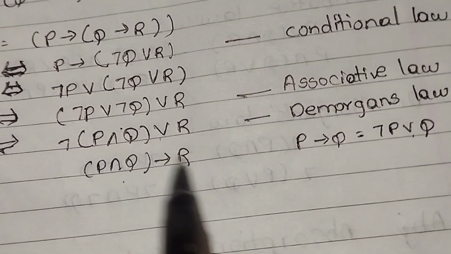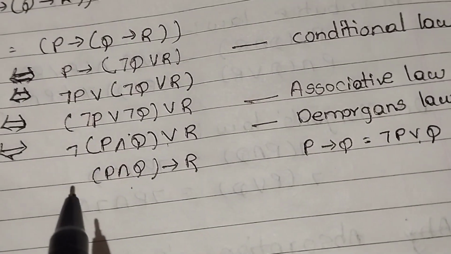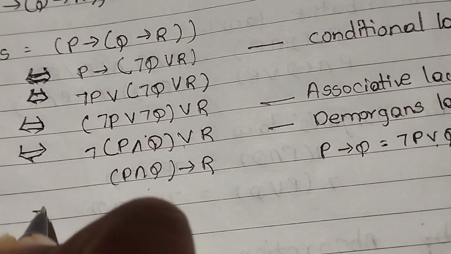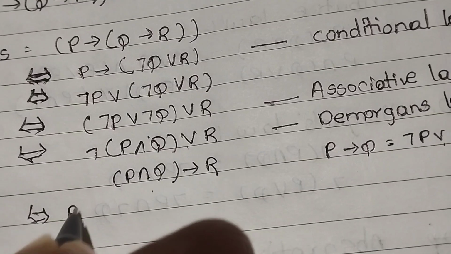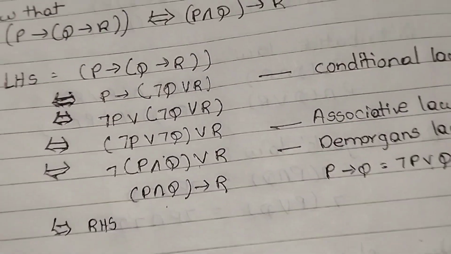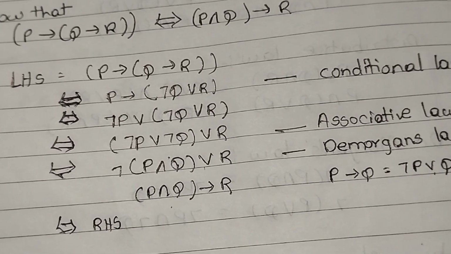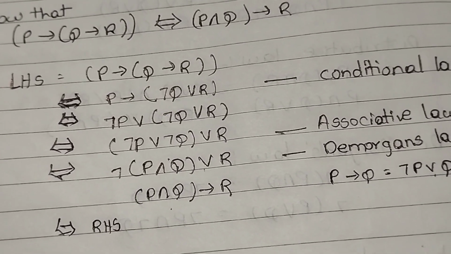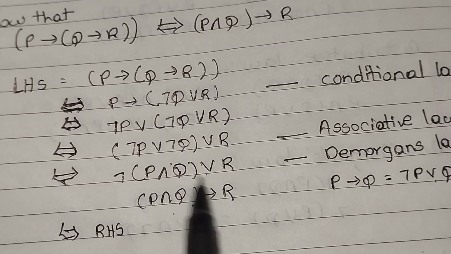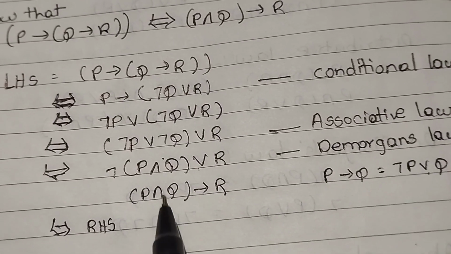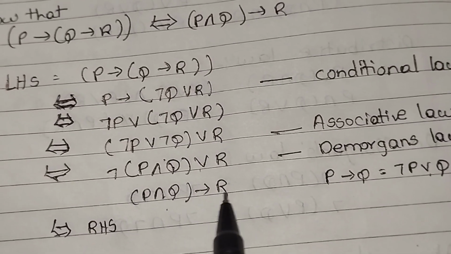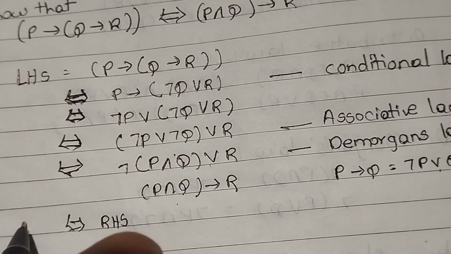So here we use the conditional law and we show that LHS is equal to RHS, because in the given equation also we want P and Q bracket conditional with R. So we find the result, P and Q conditional with R. So LHS is equal to RHS.